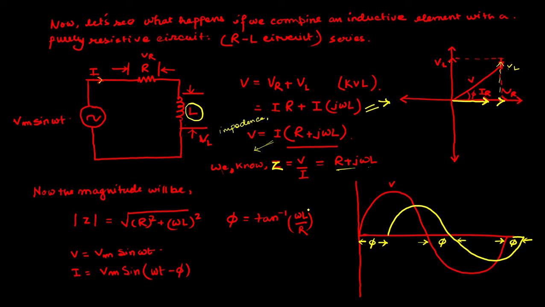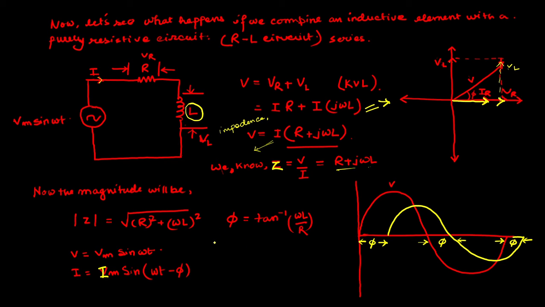Now to find the magnitude of this impedance, we have to find the magnitude of Z, which is root over of R square plus omega L square, and the angle between them is tan inverse of omega L by R, right? So now the voltage equation will be the same, which is Vm sine of omega t, and the current equation will become lagging by phi to that of the actual supply current, where actual supply current is Im sine omega t.